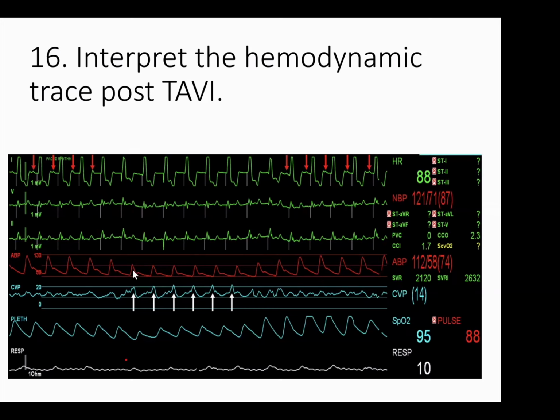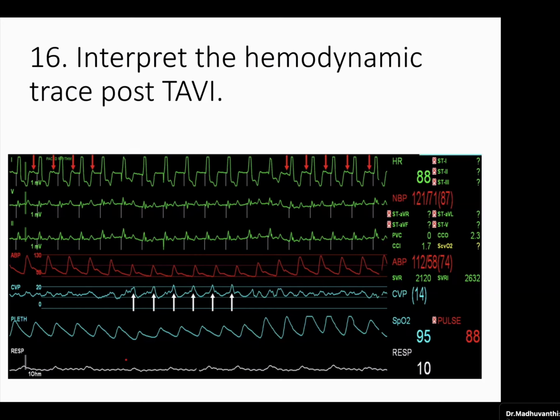Now somebody has to type what is the mechanism of the Canon A waves. Why are the Canon A waves occurring?